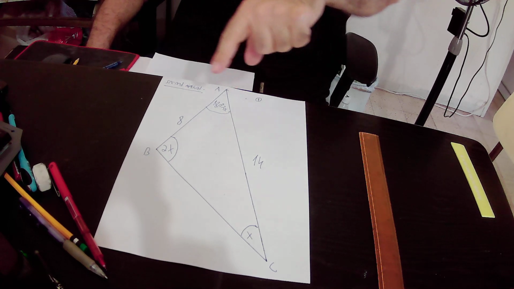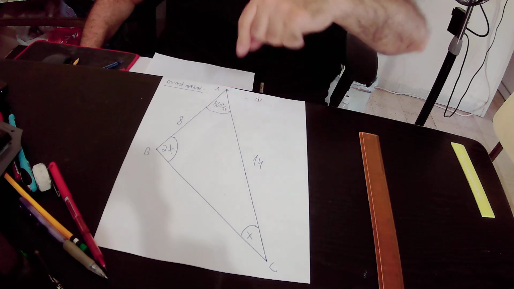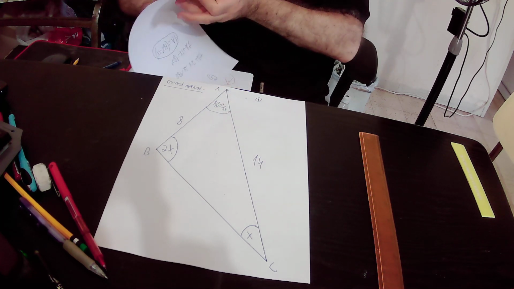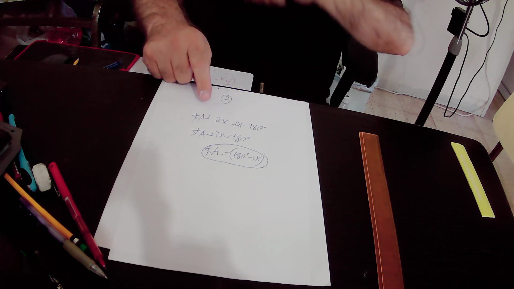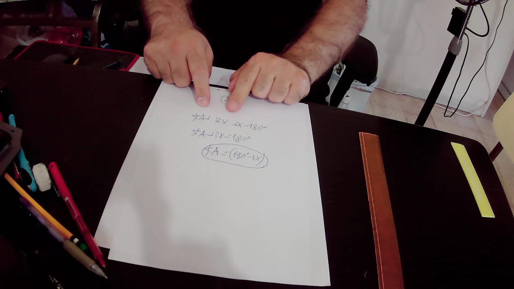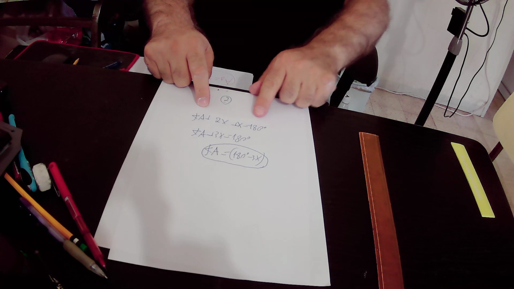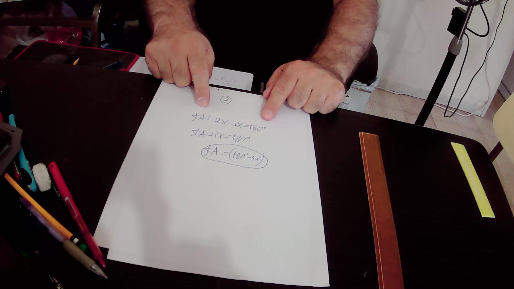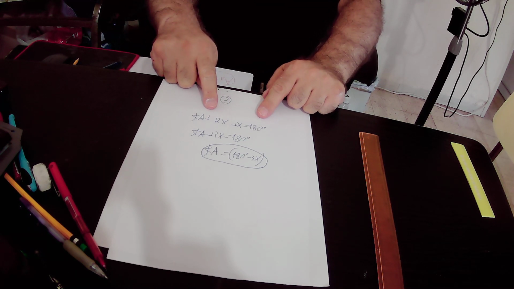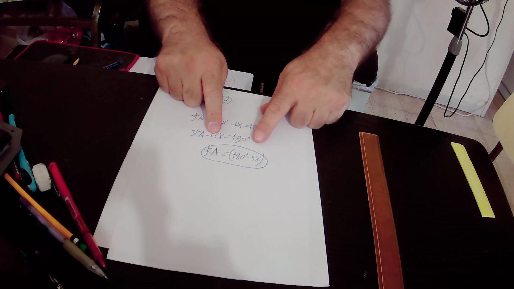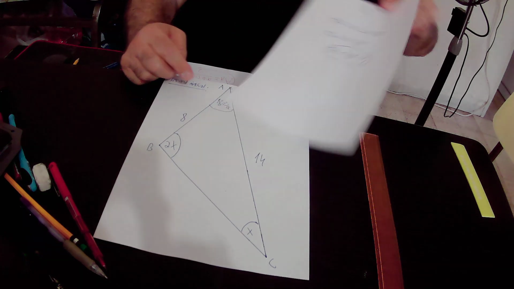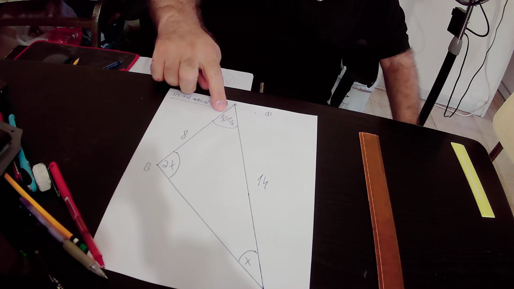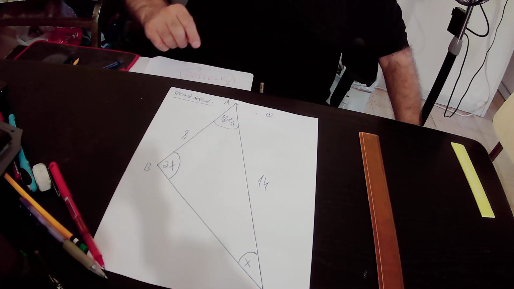So angle A plus angle B plus angle C must be equal to 180 degrees. So angle A plus angle B, that is 2x, plus angle C, that is x, must be equal to 180 degrees. From this equality, we found that angle A equals 180 degrees minus 3x.